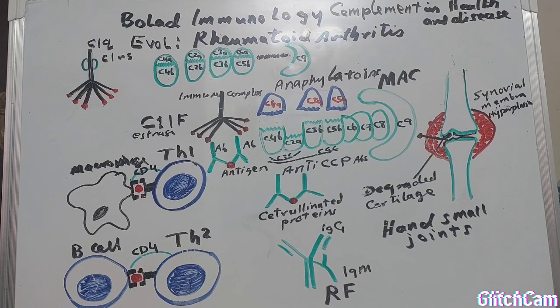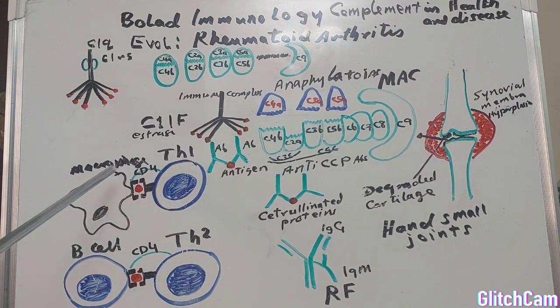So during apoptosis, citrullination of some proteins is actually a physiological process. And this citrullination means that we remove a molecule of arginine, so the protein becomes negatively charged. So citrullination of proteins is a physiological process that takes place during apoptosis or during death of these cells.